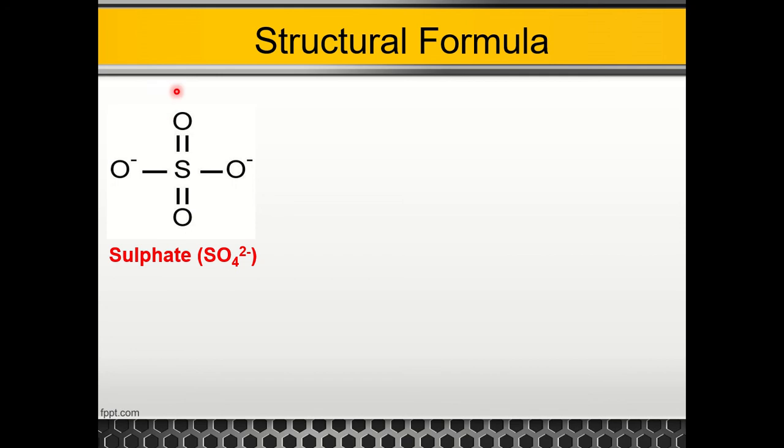So with these 6 hands sulfur holds 4 oxygen, SO4, and there are 2 minus charges. That means 2 hands of oxygen are free. So at first you will write this radical. At first, by using 2 hands, sulfur holds 1 oxygen, and another 2 hands it holds another 2 oxygen.